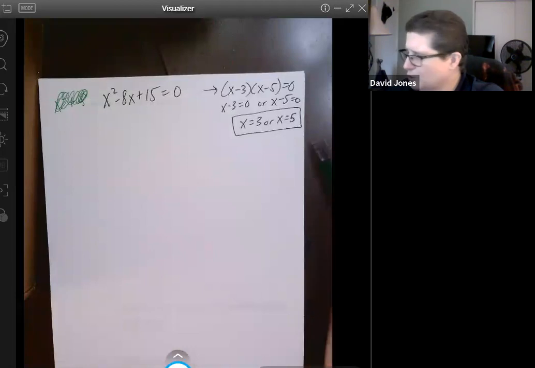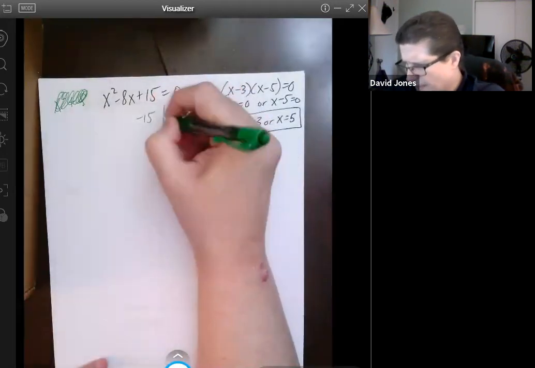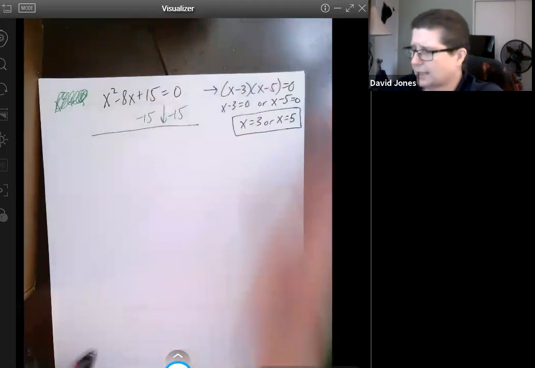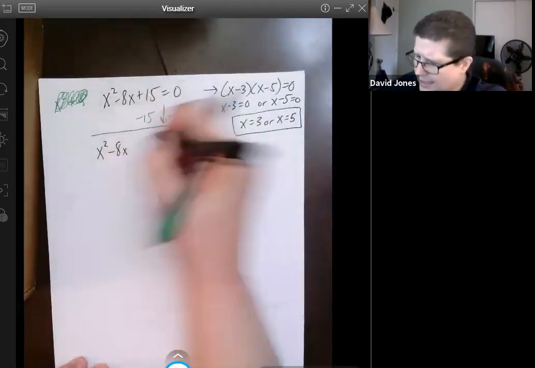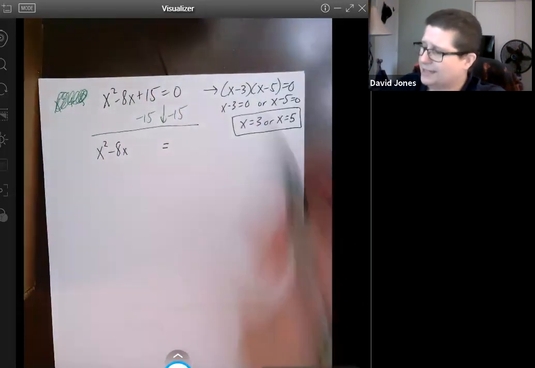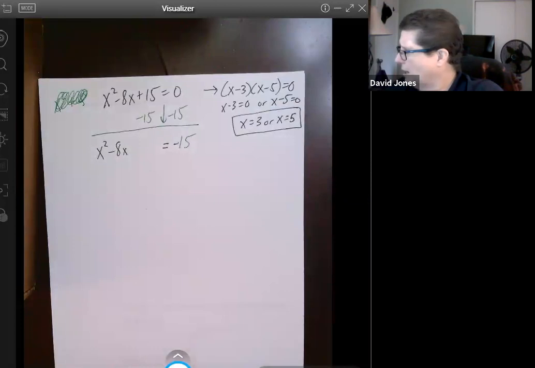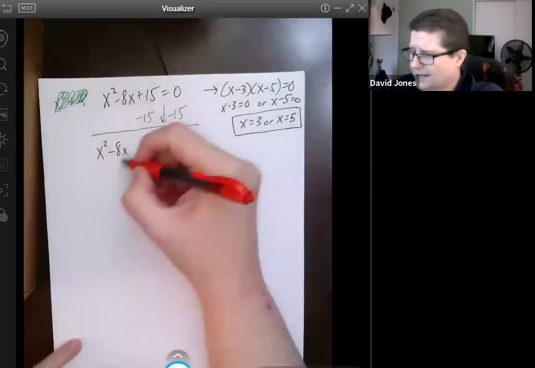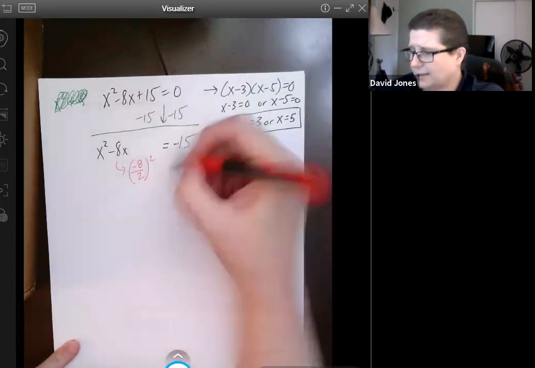The other approach, first off, I'll subtract 15 from both sides, and I'm going to leave some space to work. X squared minus 8x equals negative 15. I'm then going to take the negative 8, divide it by 2, and square it.